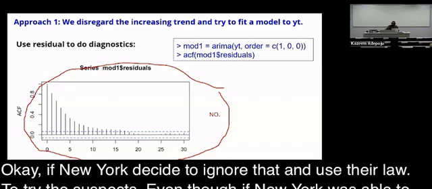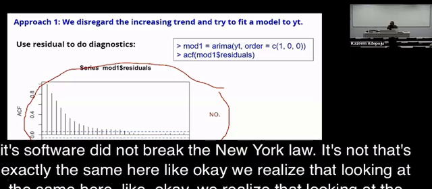If New York decides to ignore that and use their law to try the suspect, even if New York was able to establish that this guy committed the offense, whatever decision they take will be null and void. Because you know why? New York does not have territorial jurisdiction under the law to try the suspect, because the suspect did not break New York law. The suspect broke Minnesota law. That's exactly the same here.